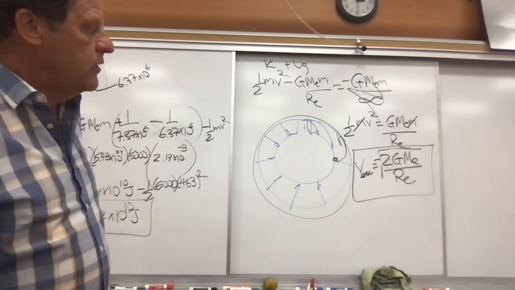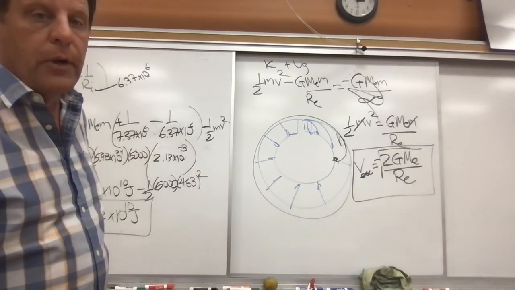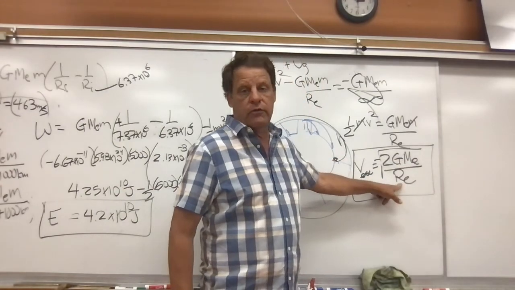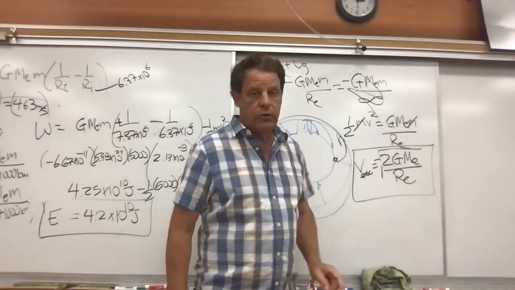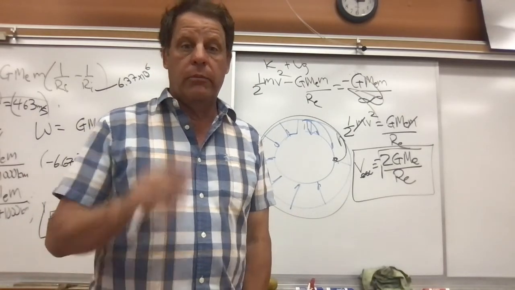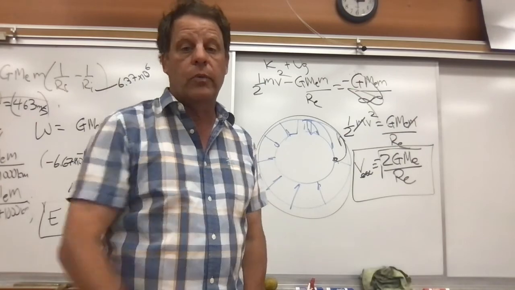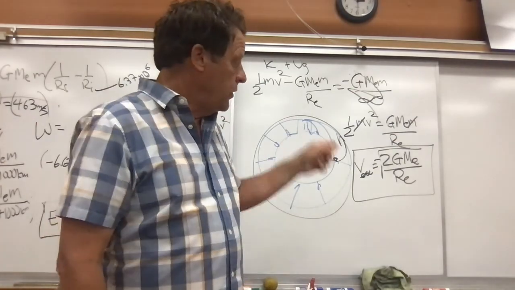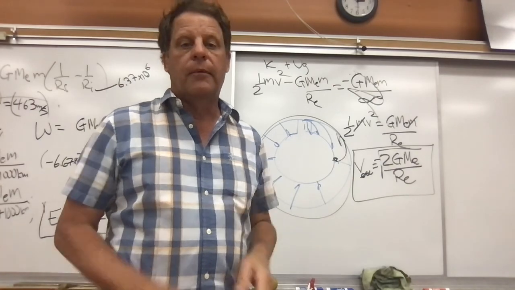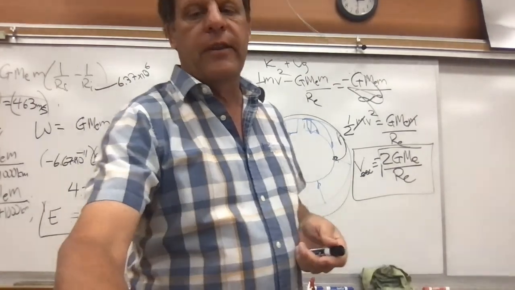So if we wanted the escape velocity of Jupiter, we would put in the mass of Jupiter and the radius of Jupiter. So that gives us your escape velocity. In today's question of the day, it's asking what is the escape velocity, and all you get to do is plug in the numbers for the Earth, and you will have that. All right, ladies and gentlemen, that is it for this lecture.